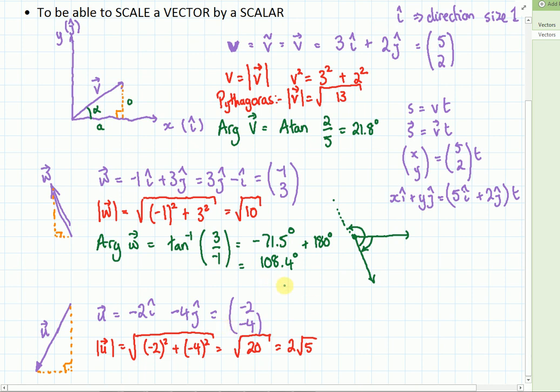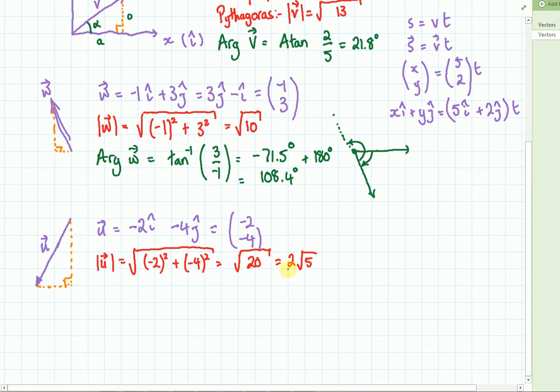Same thing happens with the last one. We get the arg of u, the argument of the vector u, is the arctangent of minus 4 over minus 2. Which is 63.4 degrees. But this distance 2 root 5 at 63.4 degrees goes in that direction.